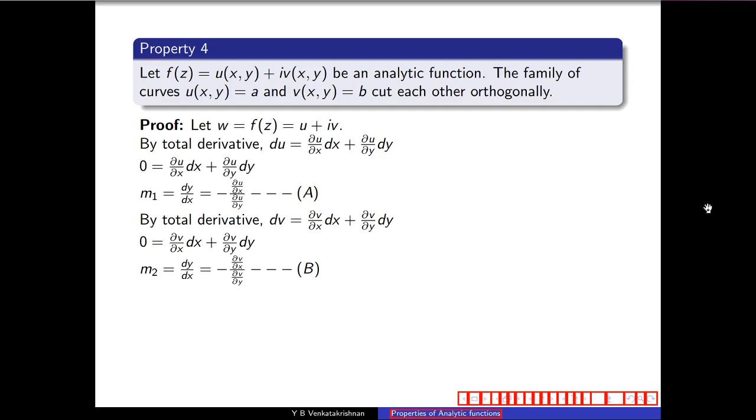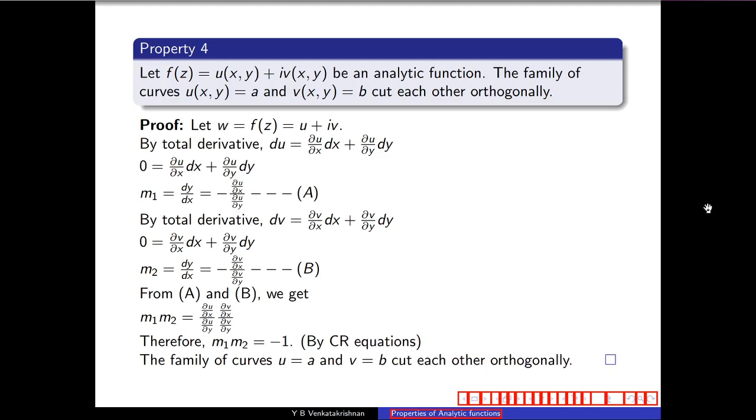So now what I do is I calculate m1 and m2 from equations A and B.